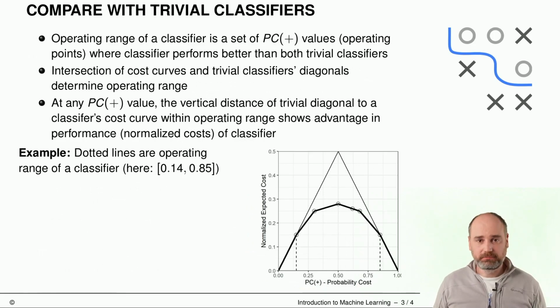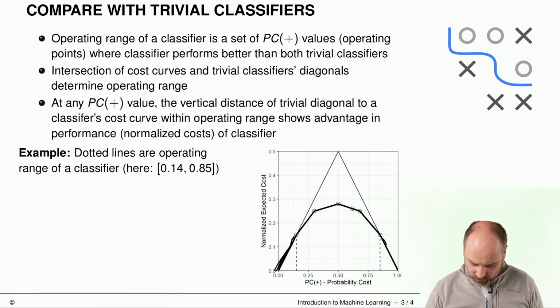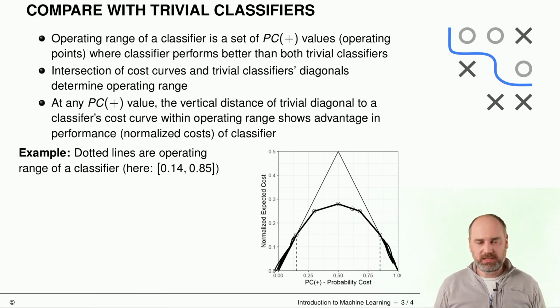We can now again generate, for a given ROC curve or for a probabilistic classifier with different thresholds, this lower envelope that works exactly as before. And we can now also visually analyze this a little bit. If our cost curve lies here on this line of these trivial constant classifiers, I guess we don't like that because we haven't really reached anything. We could reach that performance by producing a trivial system that spits out constant values without even considering the features.